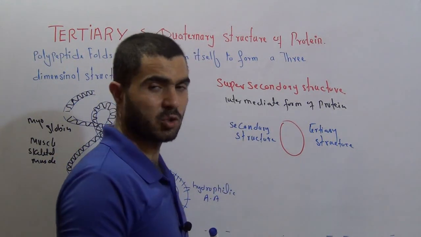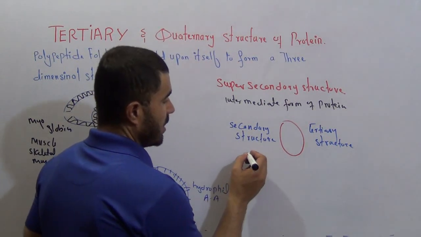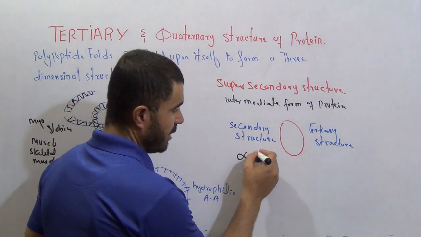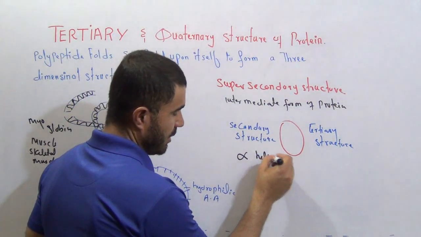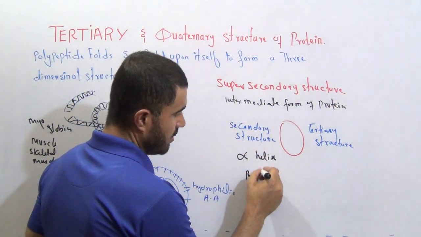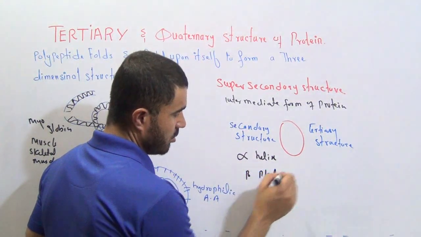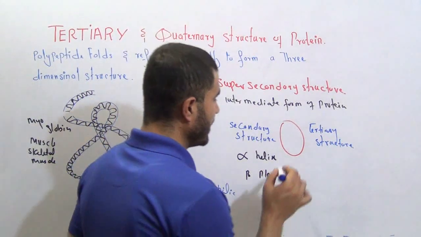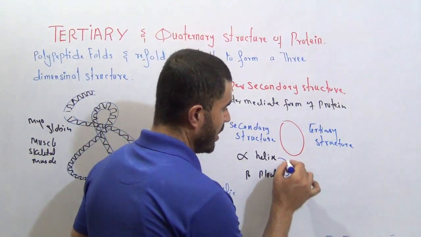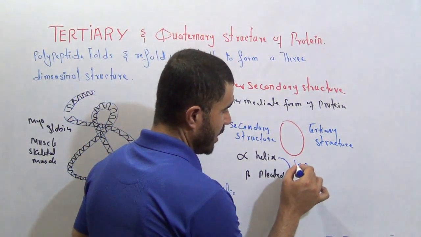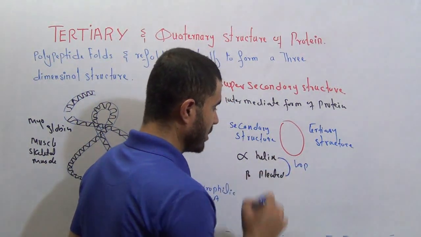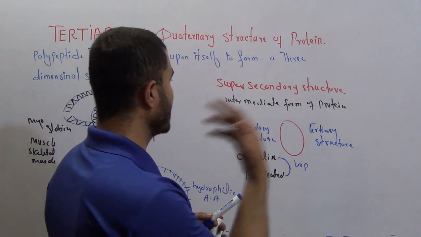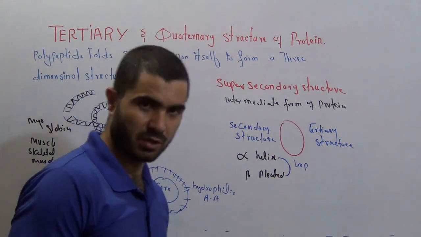If you see inside a supersecondary structure, you will see that there will be alpha helix plus beta pleated sheet. Both these types of protein will be found, and these two will be connected by the help of some loop. So when a loop connects alpha helix with the beta pleated sheet, this sort of protein will be given another name, a supersecondary structure.